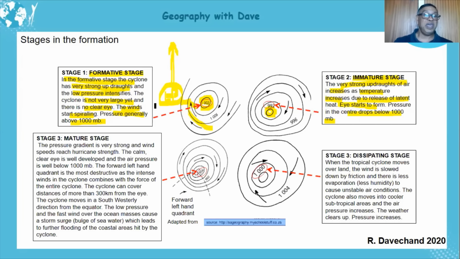And then, of course, we have the mature stage, the big one. Here, the pressure gradient is very strong. Look at what has happened to the pressure reading here. In this case, it's 956. The pressure has really dropped. So from the outside to the inside, the pressure gradient is a massive difference.